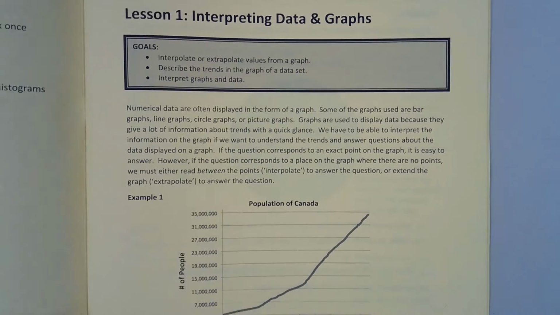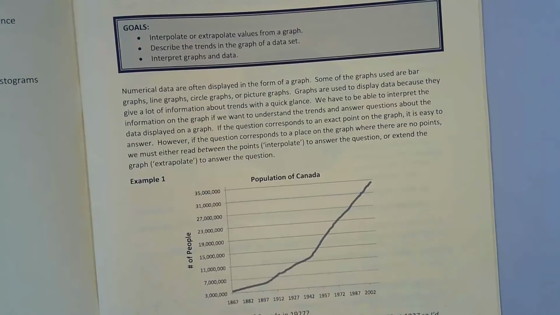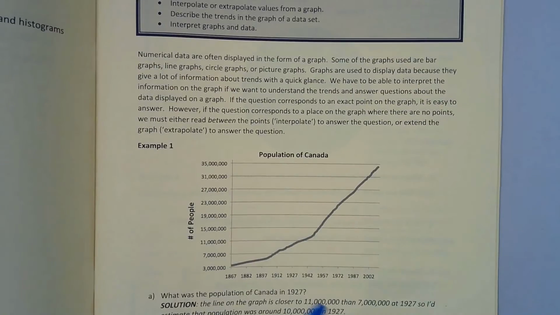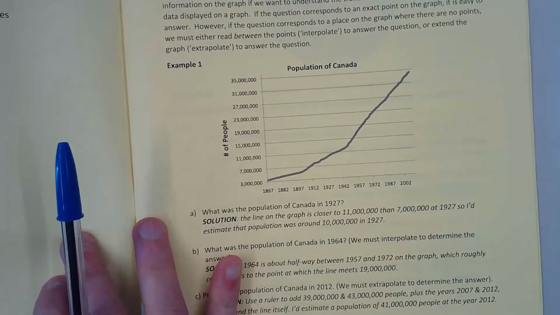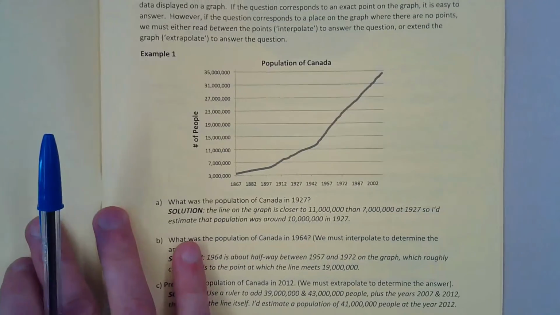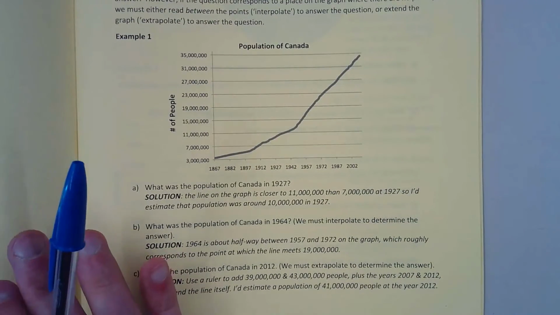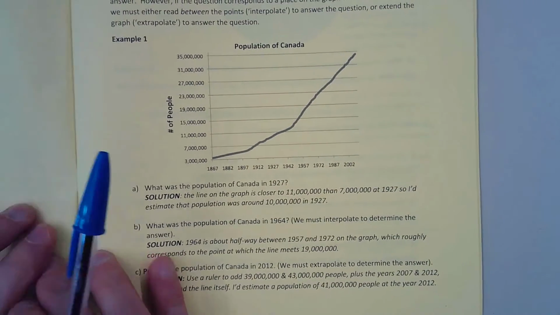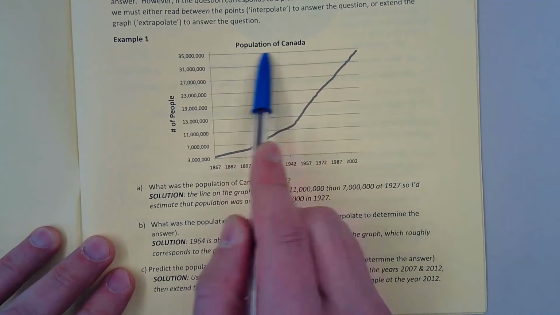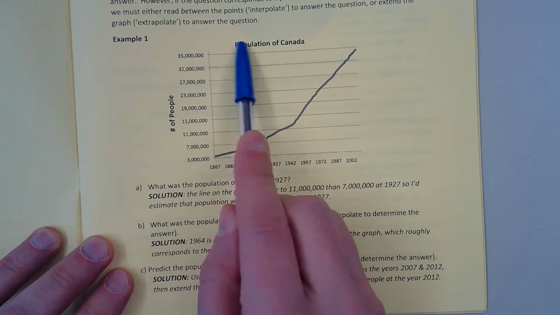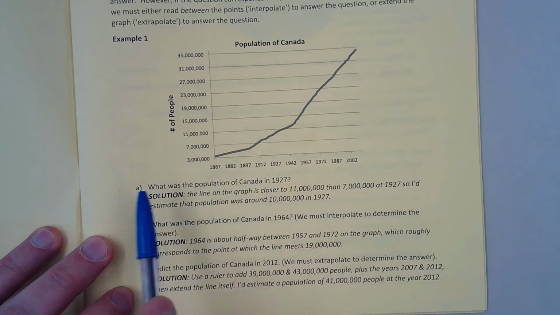So whenever you have numbers, you can turn them into some kind of a graph. The most common graphs are two-dimensional, and usually you're comparing two things. Okay? So, for example, this graph of Canada, usually there's a title on the top. This is a graph of the population of Canada.